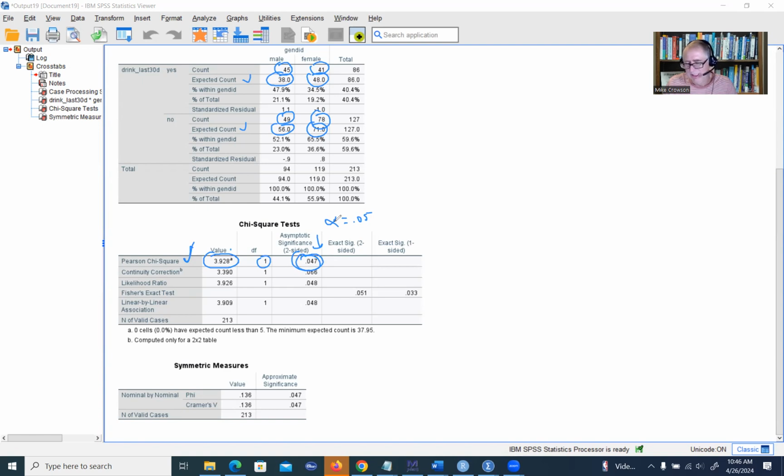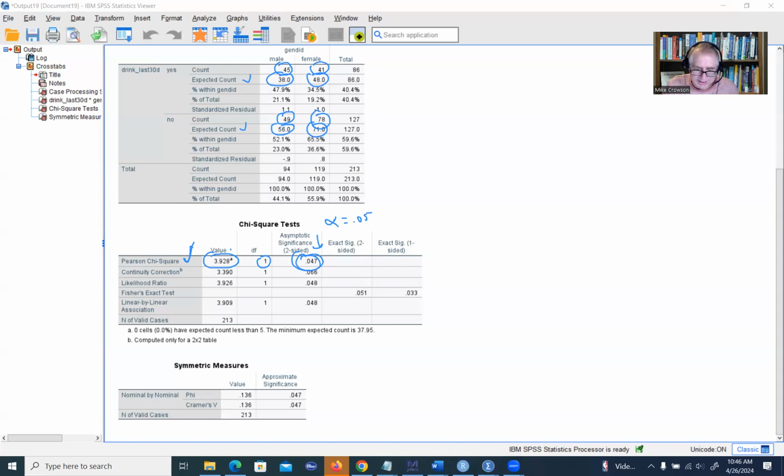If it is, then we would reject the null hypothesis and infer that there is a relationship between the two variables. Or in other words, we could say that there are significant differences between the observed and expected frequencies in our contingency table. So either way works fine. So that's really all there is to it. The meaning of this is actually quite simple.